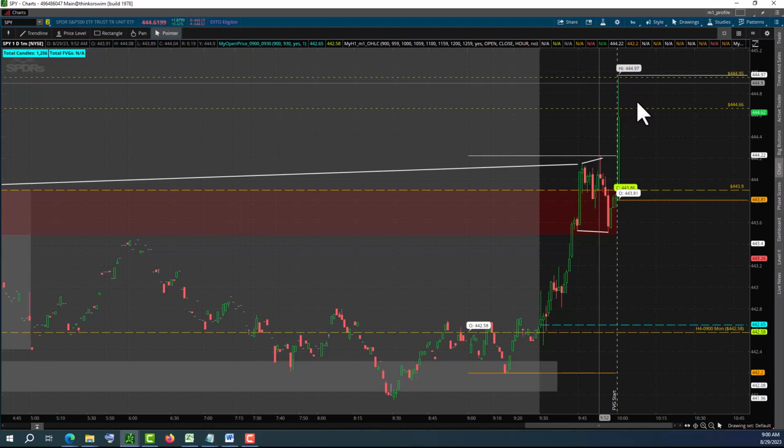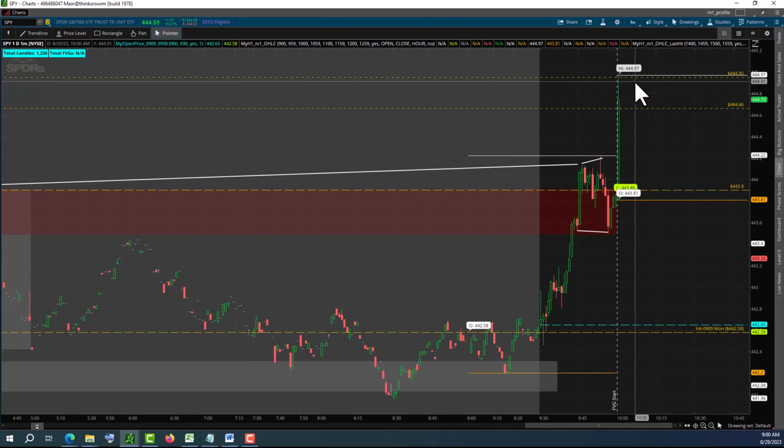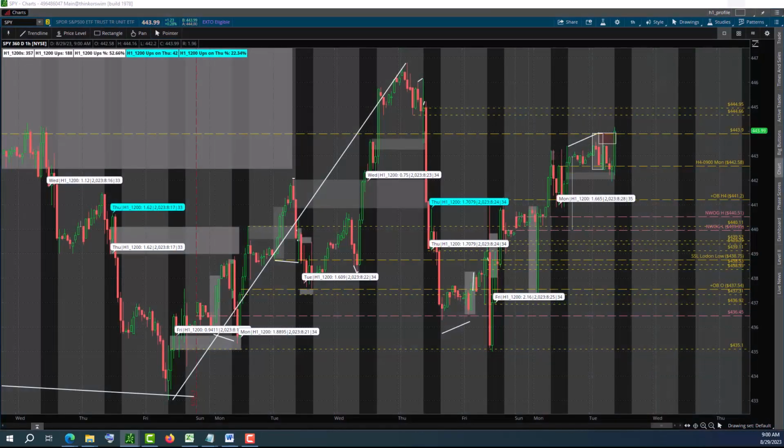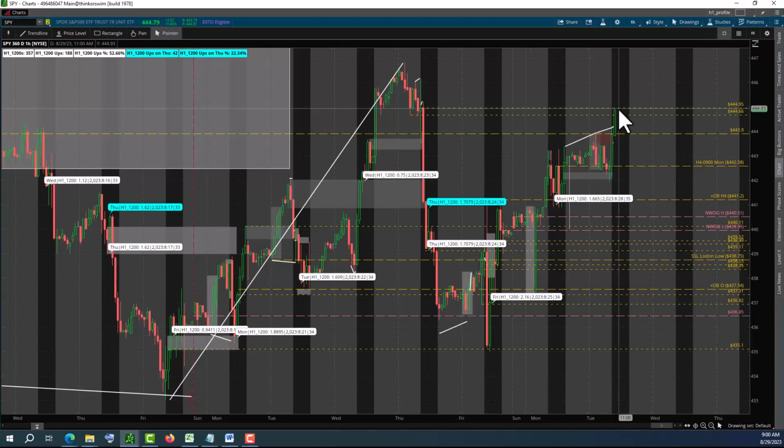Yeah, it hit this area exactly as we saw on the 1 hour time frame. Yeah, you see, we pointed out this area and it did hit that area. Man, you know exactly the draw on liquidity right there.